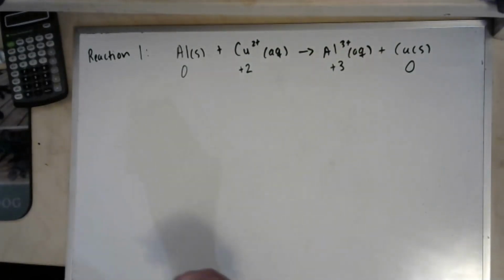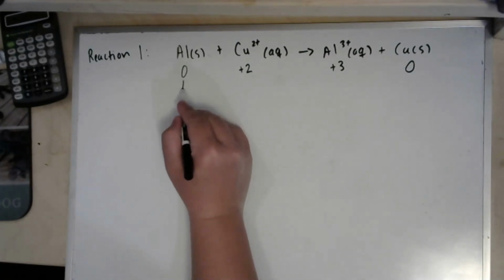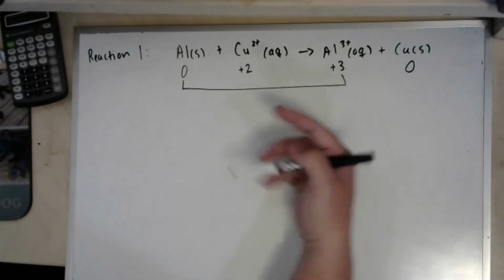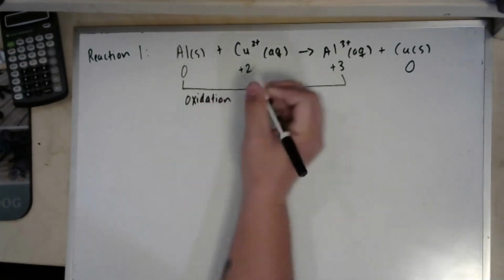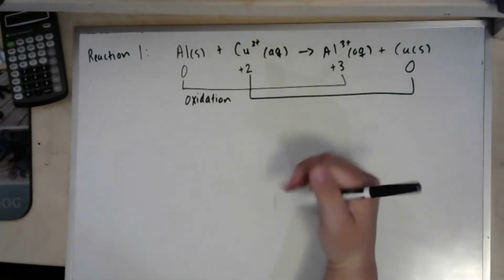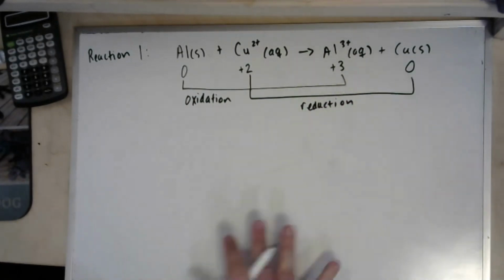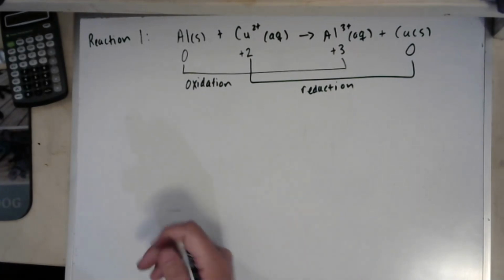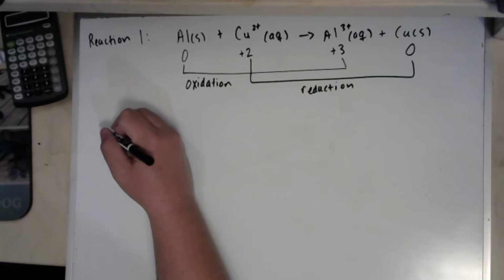Then we can figure out oxidation and reduction by looking at the change in oxidation state. Al went from 0 to +3. That's an increase in oxidation number, so that's oxidation. Copper went from +2 to 0. That's a decrease in oxidation state, that's reduction. Now that we have our half reactions identified, we're going to be able to split them up into the half reactions.